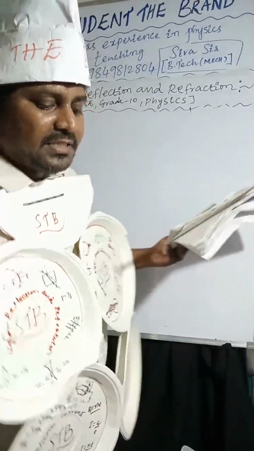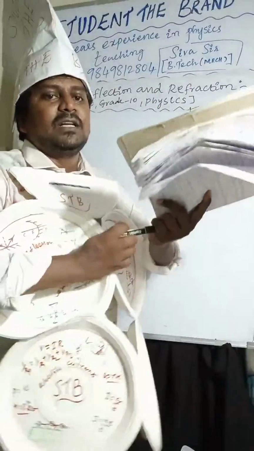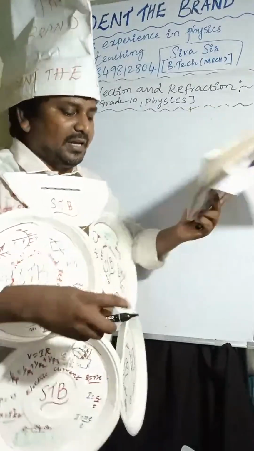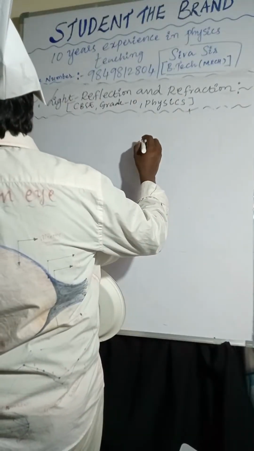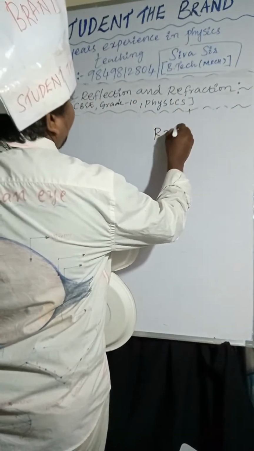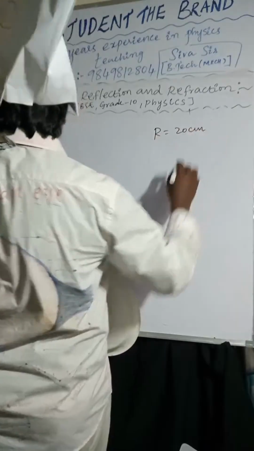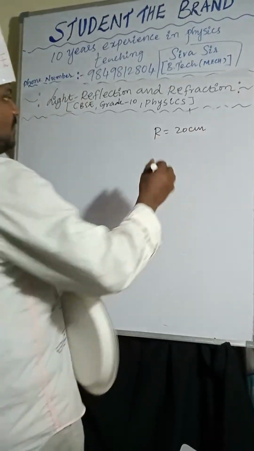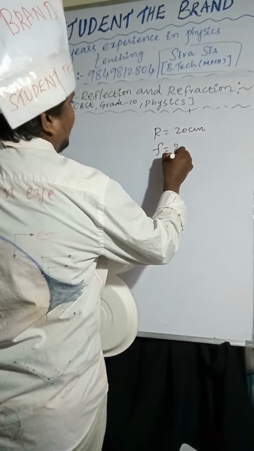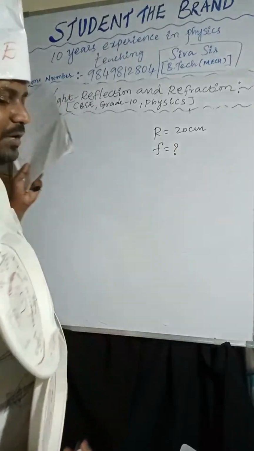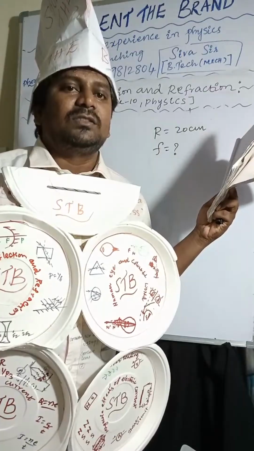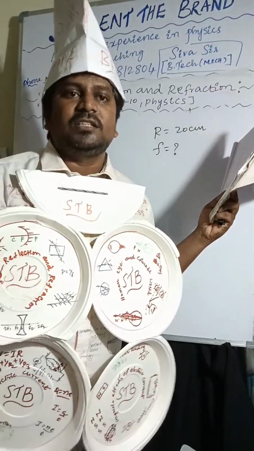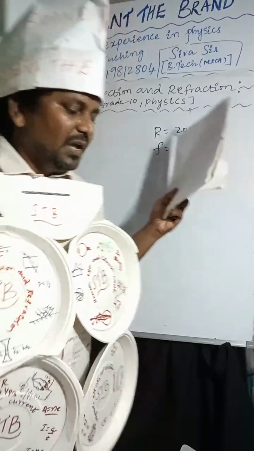Radius of curvature is given, r equal to 20 centimeter. What is the focal length? The relation between radius of curvature and focal length is r equal to 2f.